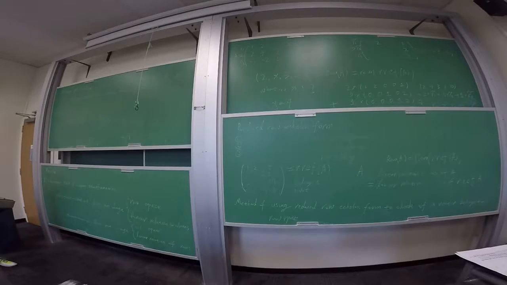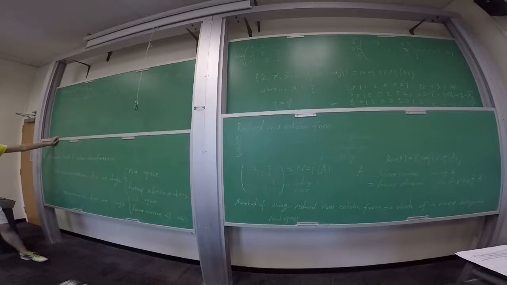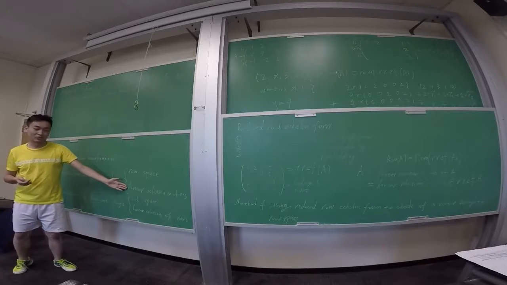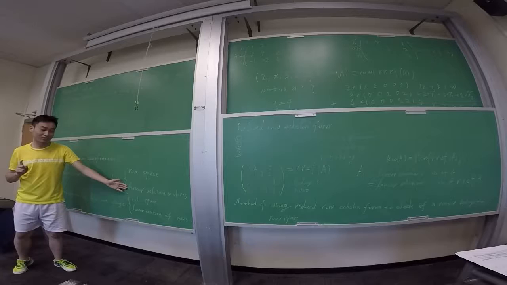The method of checking whether a vector is in the column space using the reduced echelon form is not the same as checking whether a row vector is in the row space of A. Because the reduced echelon form has the same row space as the original matrix and has the same linear relations on columns as the original matrix, we can use this property to check whether a column matrix is in the column space of A.